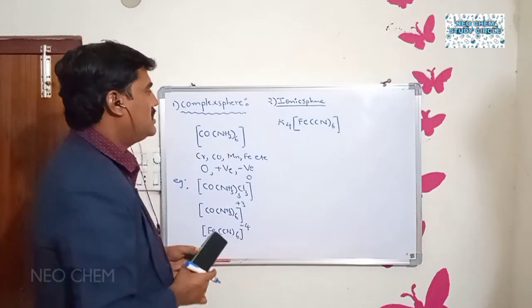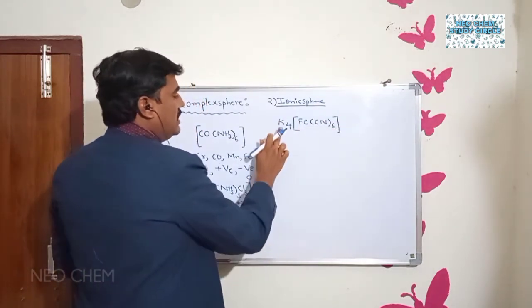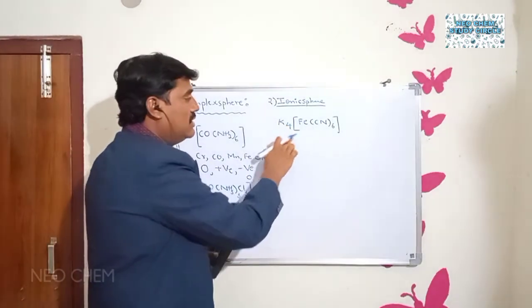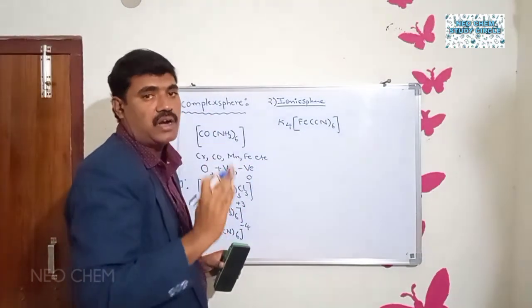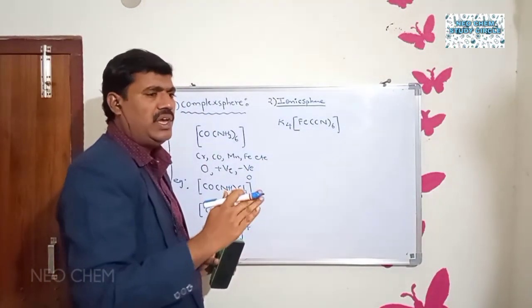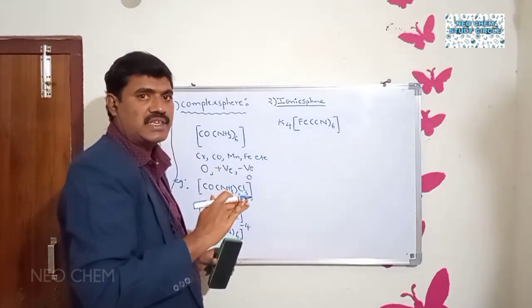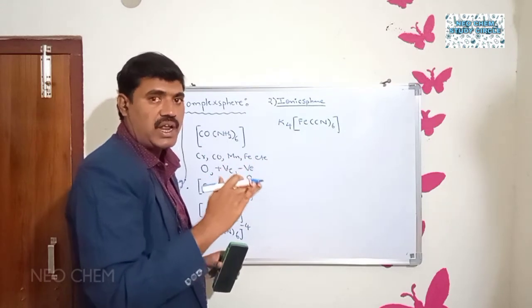Next, in any ionic compound, the first species acts as the cation and the second species acts as the anion.